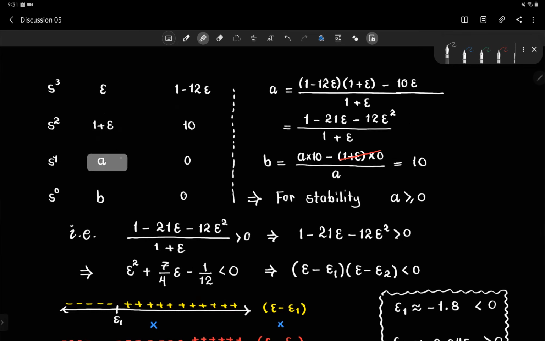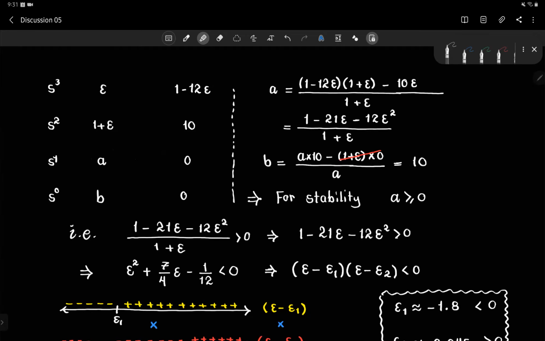So this is A. Now we compute B, which is equal to A times 10 minus (1 plus epsilon) times 0, divided by A, which is this computation here. This term cancels, and the A cancels with the A. So we get that B is just going to be equal to 10.